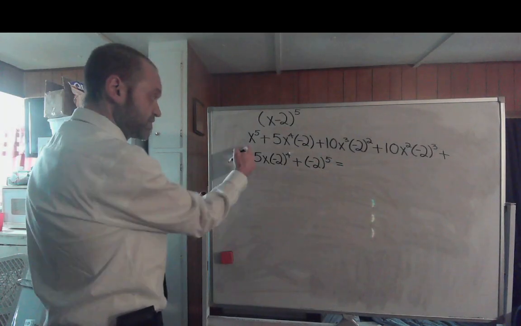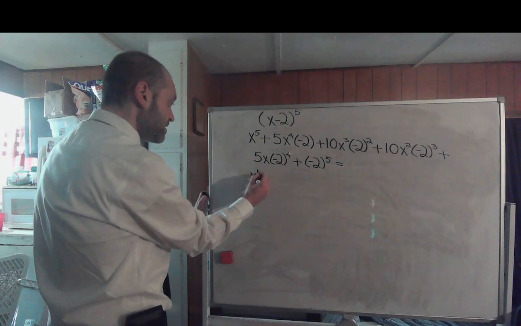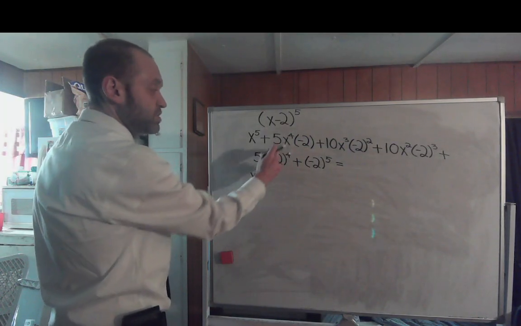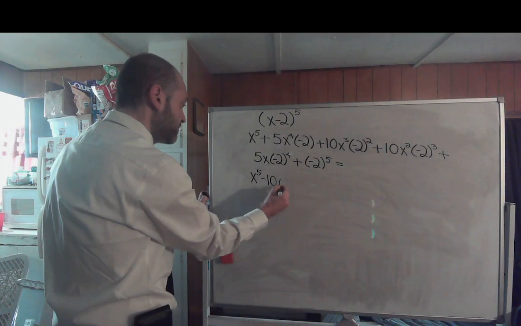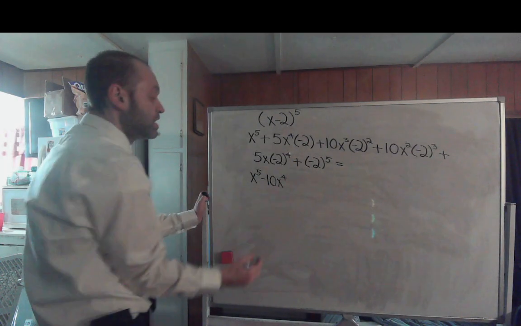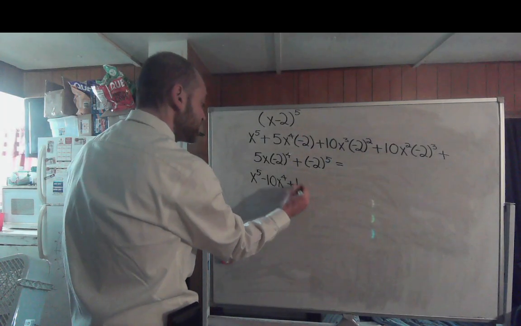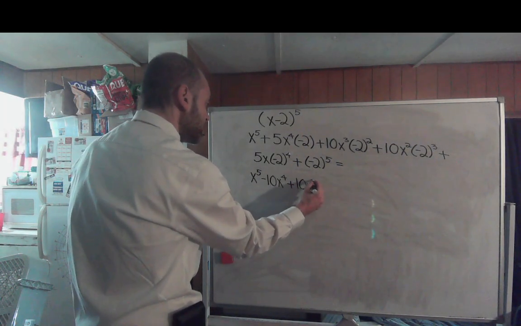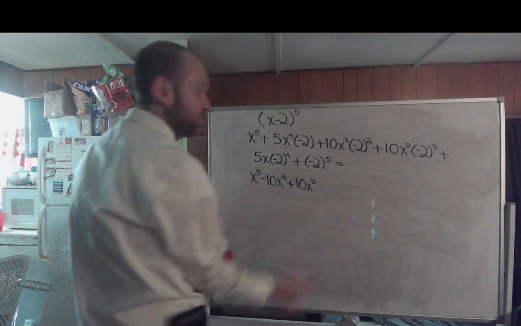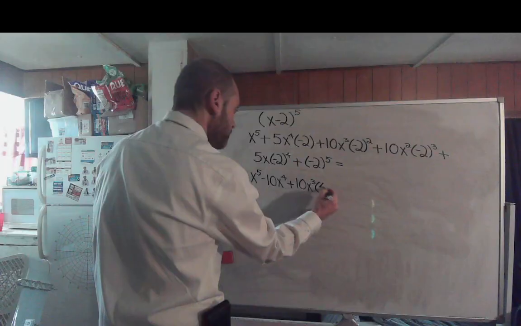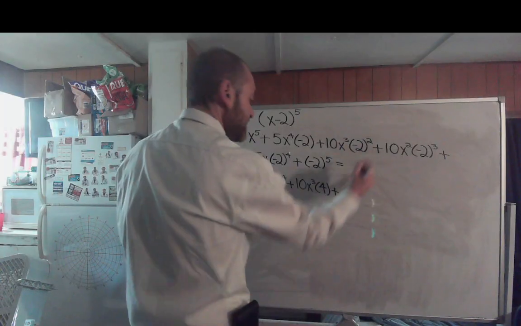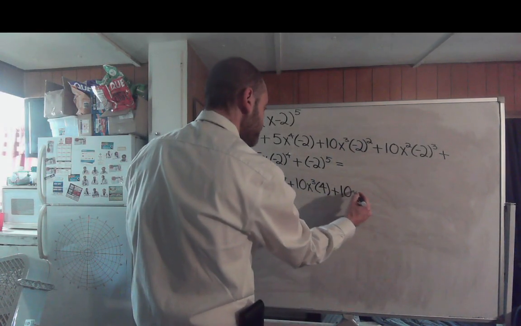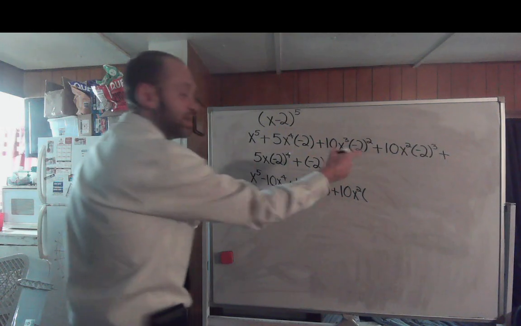So you'll start with x to the 5th. Now you would just have negative 2 times 5 on your second term, so this would be minus 10x to the 4th, plus, let's take 10x to the 3rd, times what is negative 2 to the 2nd? That's actually positive 4, plus you'll have that 10x squared times what is negative 2 to the 3rd?